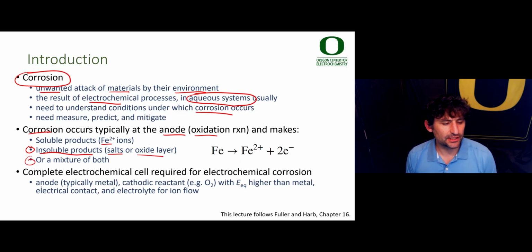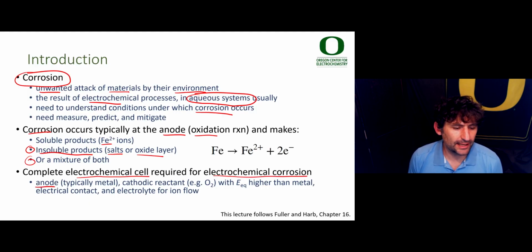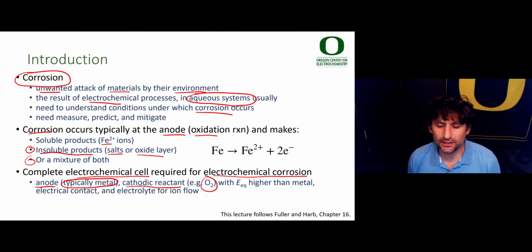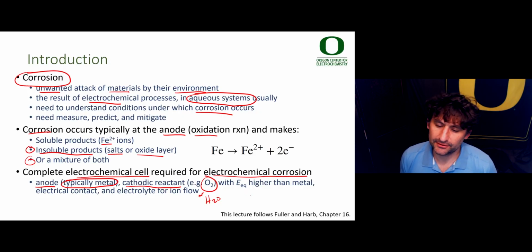As we mentioned in the introductory slide, you need to complete an electrochemical cell for electrochemical corrosion to occur. You typically have a local anode, which is the metal getting oxidized, dissolving, or forming an oxide, and a cathodic reactant, which is often O2, but can also be water. You can reduce water to make hydrogen and corrode some metals if they're very reactive metals.